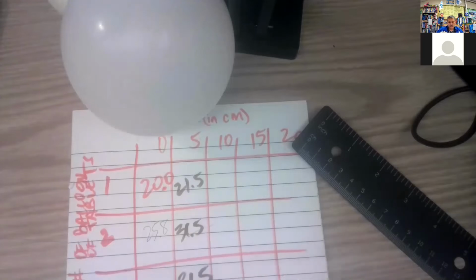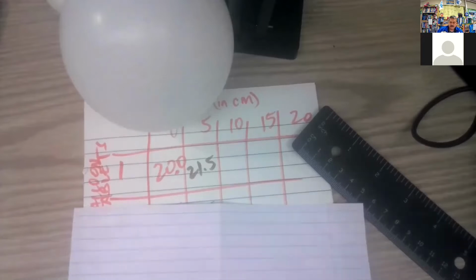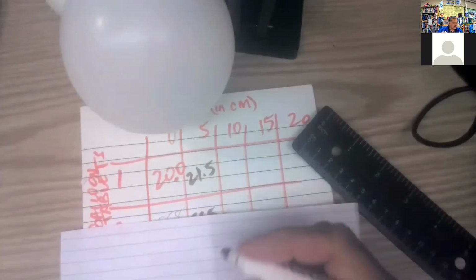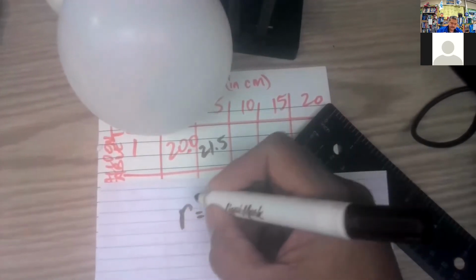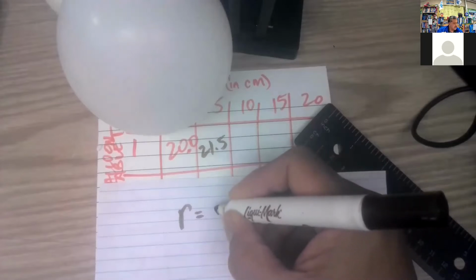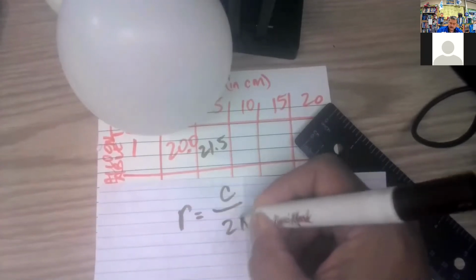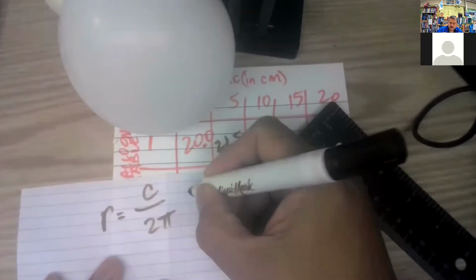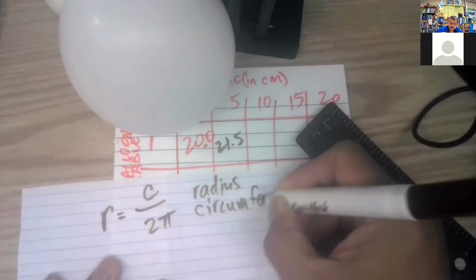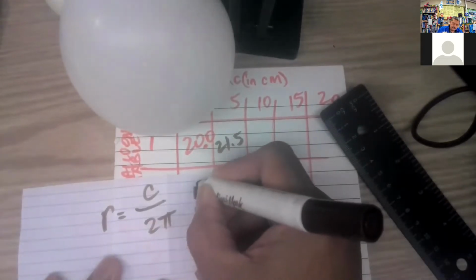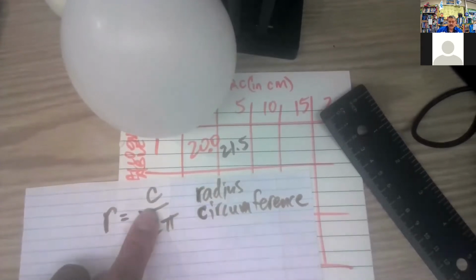I want to remind you though, with the mathematics of it, since we have a minute or so, what you're measuring right here is the circumference. So the formula is going to be R, the radius, is equal to the circumference divided by 2 pi, where R is the radius and C is the circumference. So that's what those mean. Once you get that, you're going to solve. This is what we're measuring.